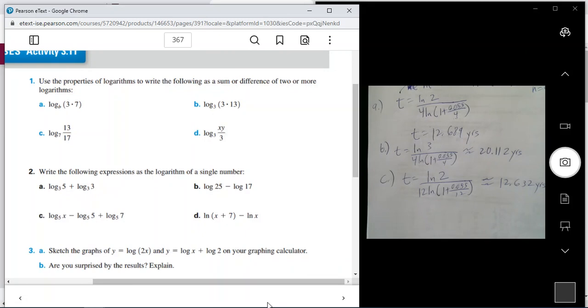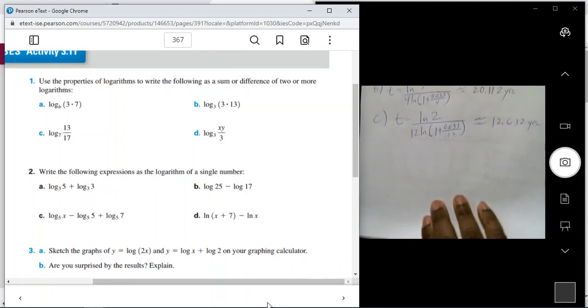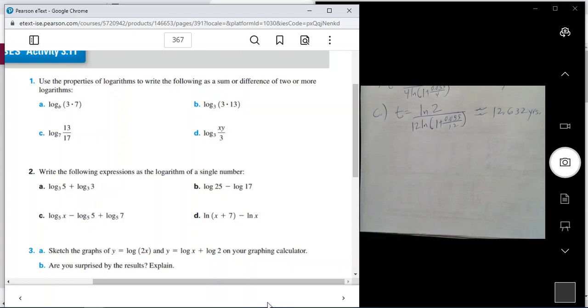Now I'm not going to go all the way back through this to find the different laws. I will talk to you about them as we come to them. But just to let you know, if you flip back to page 362, I'm going to show you the example here.